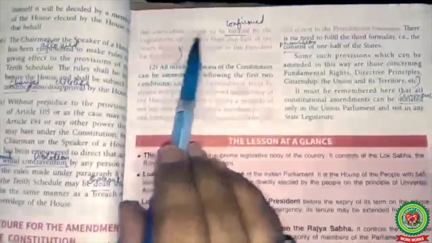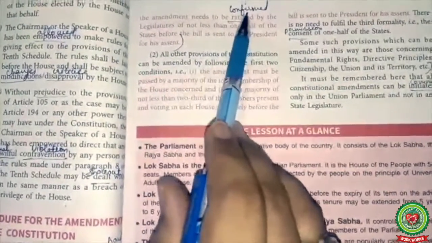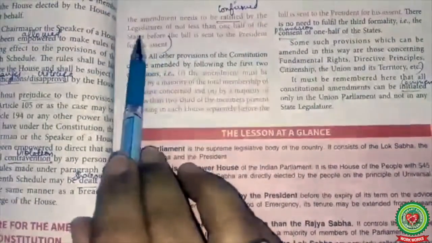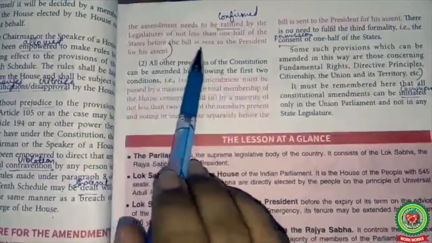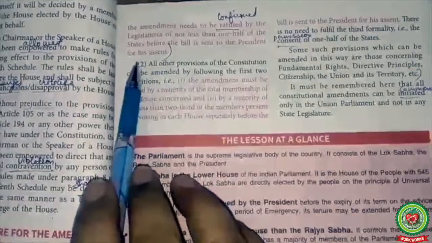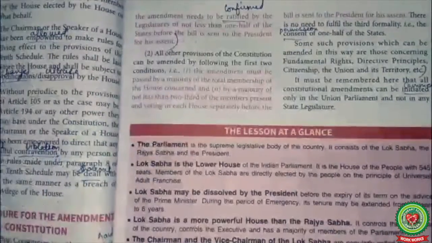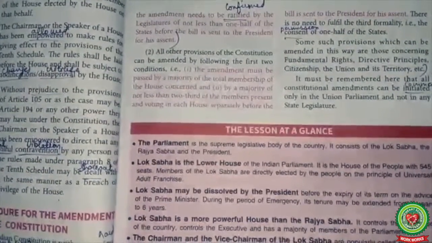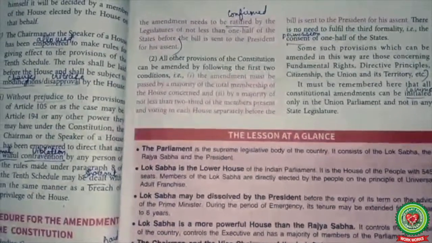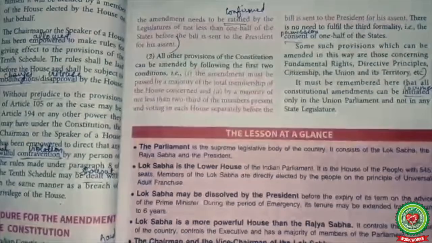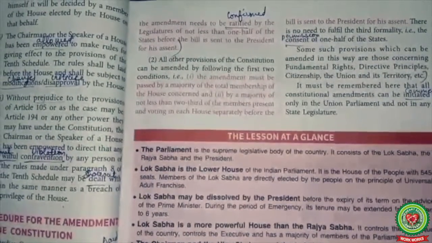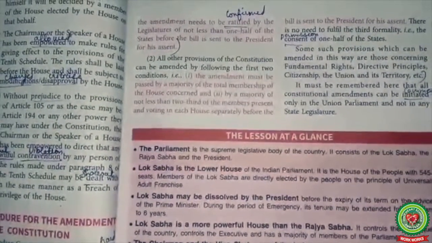Not only this, the amendments need to be ratified. Ratified means confirmed by the legislatures of not less than one half of the states before the bill is sent to the President for his assent. Provisions of the Constitution which are related to the federal structure of the polity can be amended this way. Consent of half of the states' legislatures is required by simple majority.